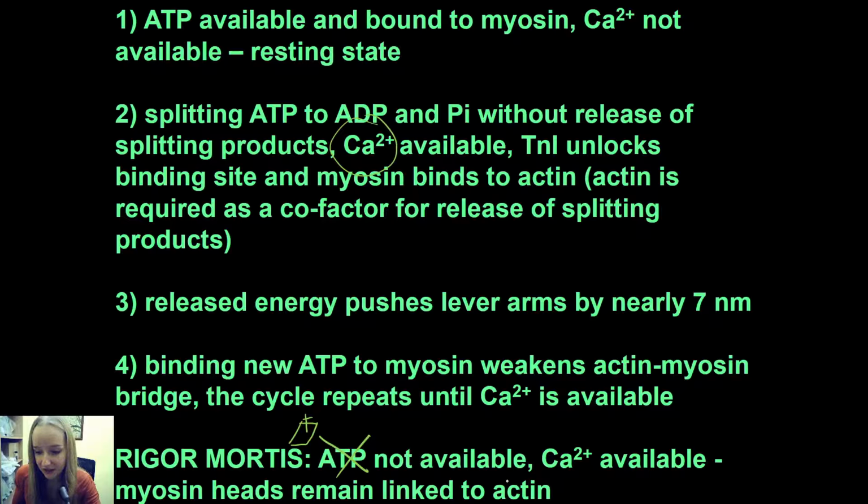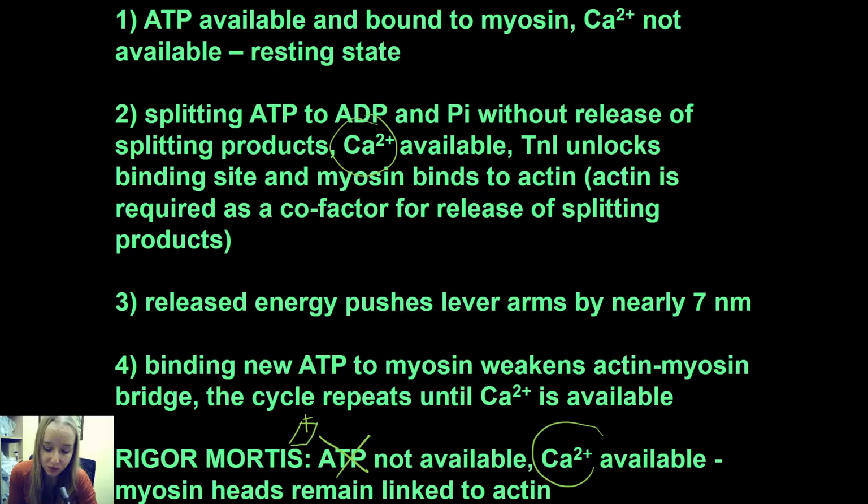The tropomyosin is having this calcium, so it's moving and showing the actin site. And when myosin sees actin, it's like, okay, I'm going to attach. But now it's attached and it cannot move, because there is no ATP.